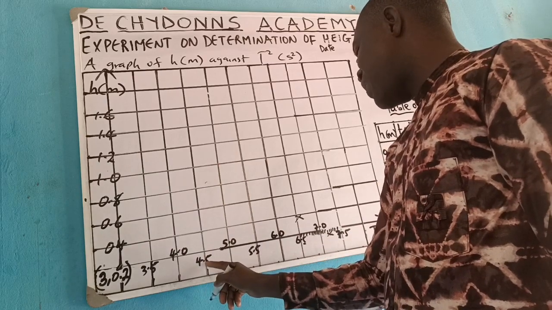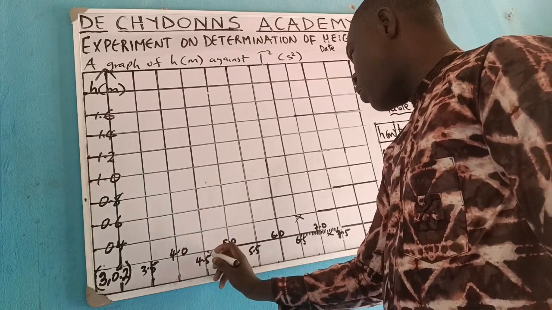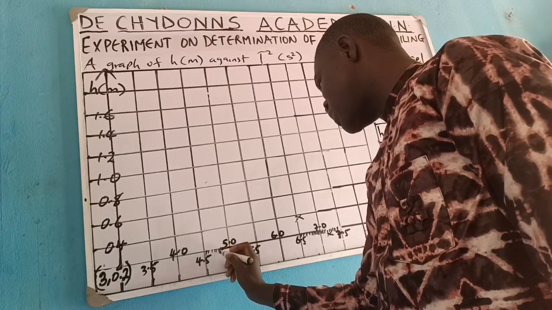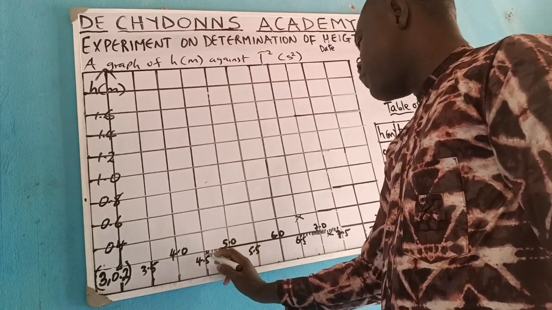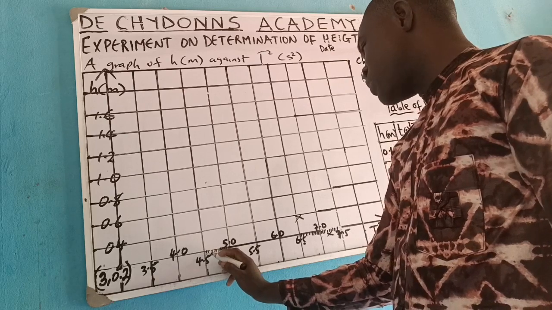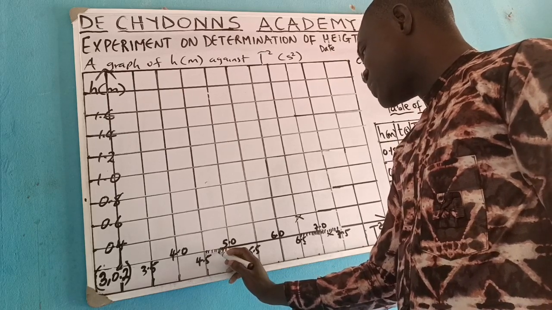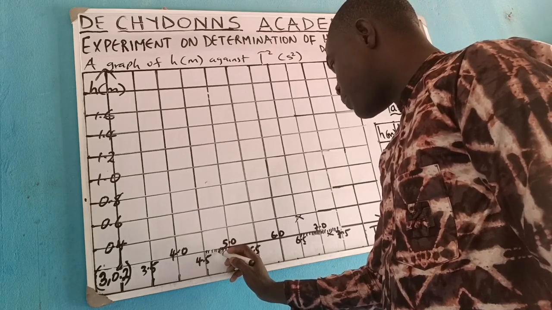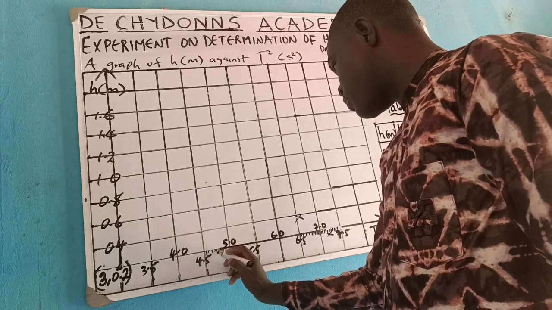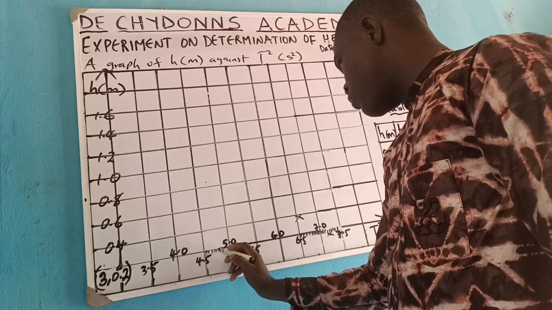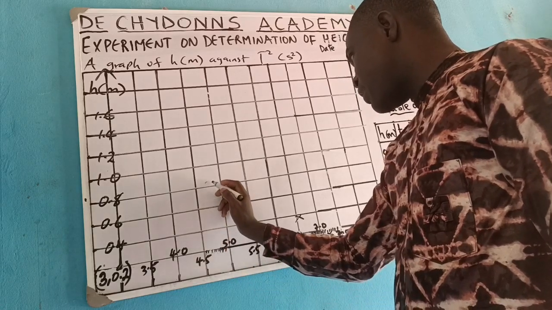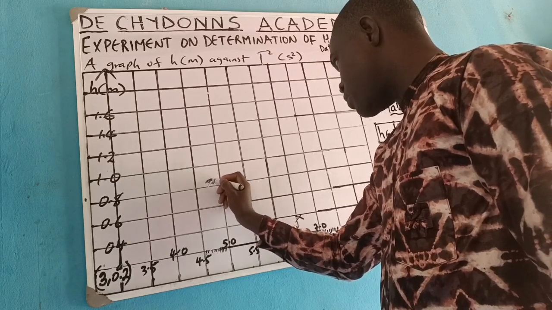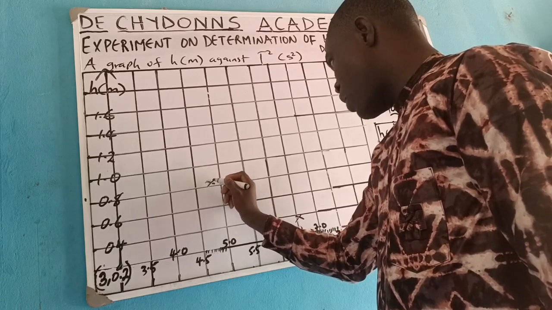This is 4.5, 4.55. 1, 2, 3, 4, 5, 6, 7, 8, 9. 4.55, 4.6, 4.65, 4.7, 4.75, 4.8. Okay, I'll trace it up to here. Then we'll have it here.